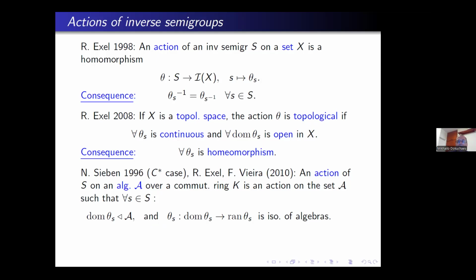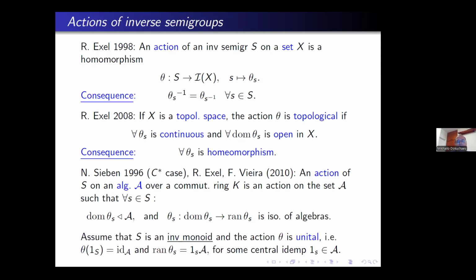We will assume that S is an inverse monoid, so we wish to have an identity element. And the action theta is unital, which means that it respects the identity element, first of all, and moreover that each range of theta s is a unital algebra, so it's an ideal generated by an idempotent which is central in A.